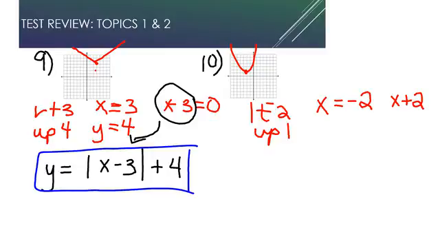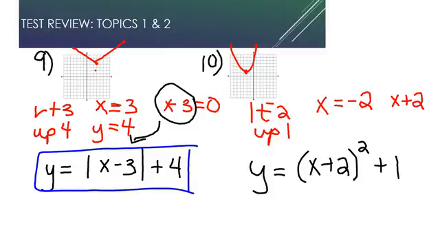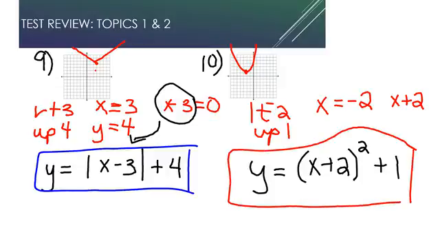That's what I need inside the equation. So I'm going to write my equation. I've got y equals parentheses. It's a parabola, so I'm going to put the 2 on the outside. I'm going to put the x plus 2. Okay, and then I'm going to put my up 1 to finish it off. And that'll give me my answer for this one. Okay, next problem.